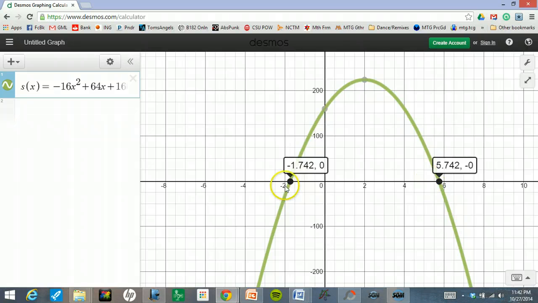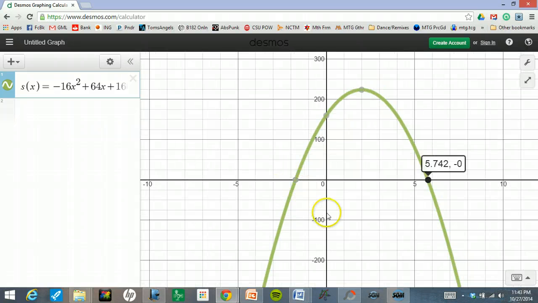So remember, this was the zero we excluded because it didn't make sense. We can't have negative time, but that was the approximate that we found. So about 5.7 seconds. It reaches its maximum height at 2 seconds, and the maximum height it reaches is 224 feet. And initially, at 0 time, the ball was at 160 feet. So there you go.